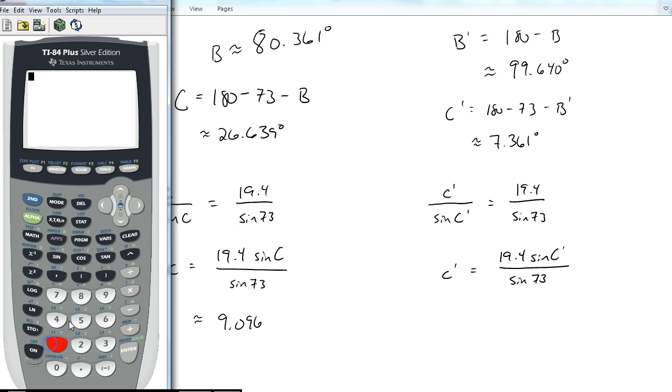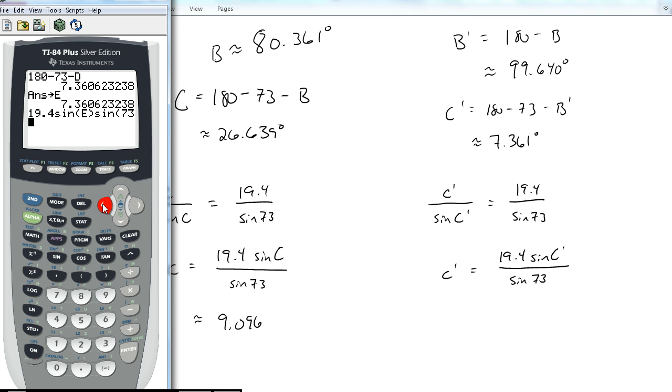I've got 180 minus 73 minus B prime, which I stored as D. Okay, make sure that's right. Okay, I'm just going to store that as E. Okay, now I can do 19.4 sine of C prime, which I just stored as E, over the sine of 73.